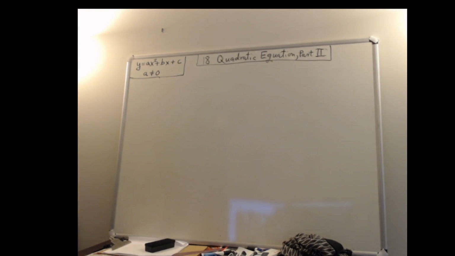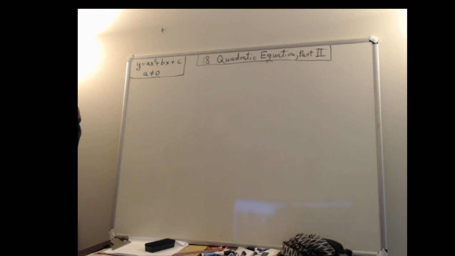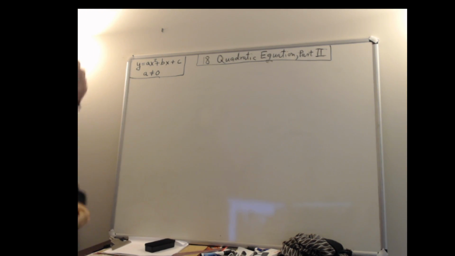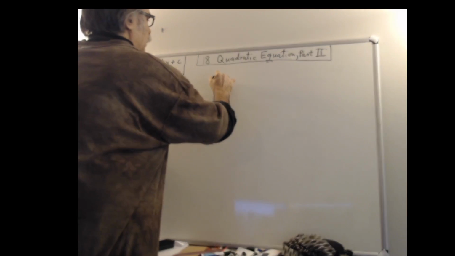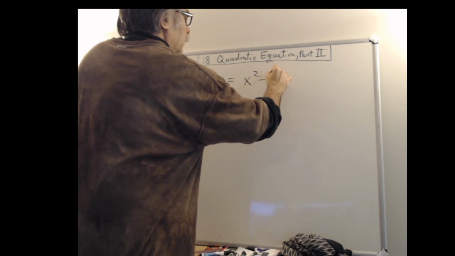We're gonna continue this lecture that we started last time with the quadratic equations. So the second part of this lecture is a story about parabolas. Parabolas are curves that have this kind of equation.